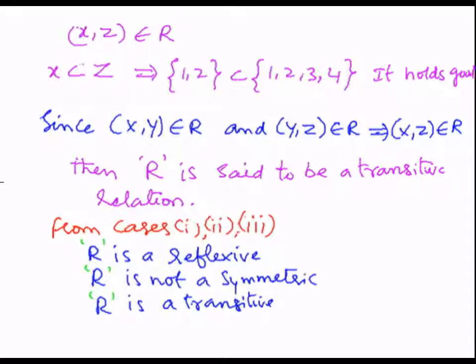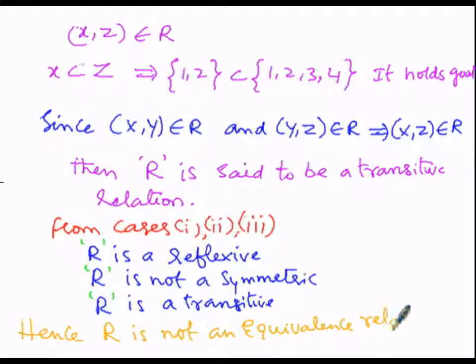So hence R is not an equivalence relation. Or in other words, the relation R, that is a subset of, is not an equivalence relation. So hence it is proved.